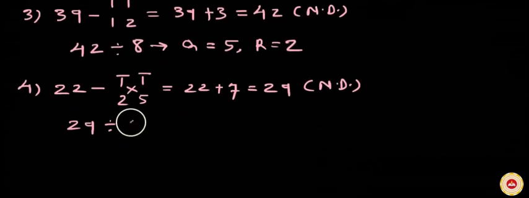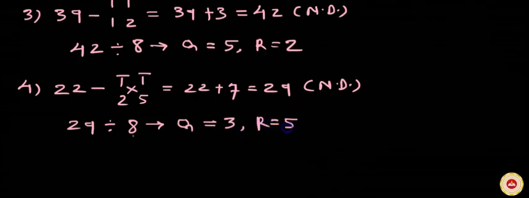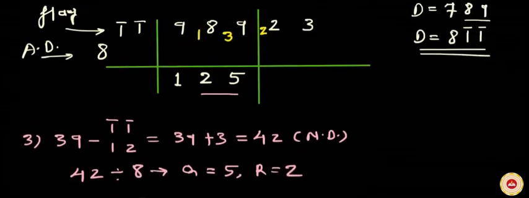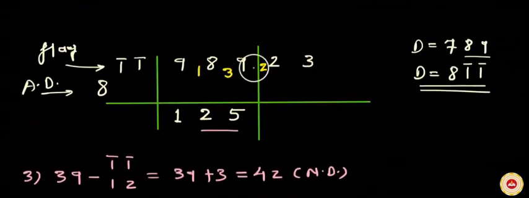Okay, so 29 divided by 8 gives us quotient 3, since 8 threes are 24, and the remainder is 5: 29 minus 24 is 5. So write quotient 3 and remainder 5.